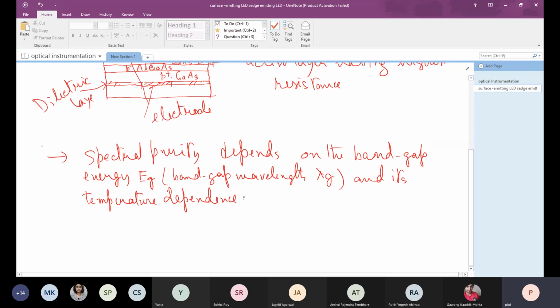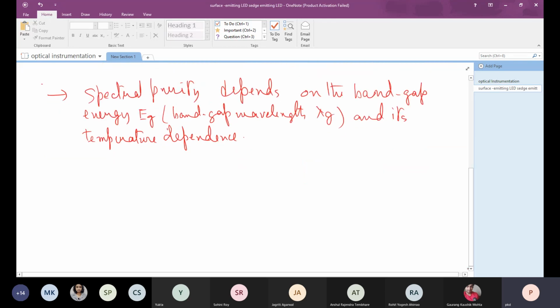So with temperature, what will happen? The physical dimension of the device will change. So therefore the band gap energy will also change because of the expansion of the device.